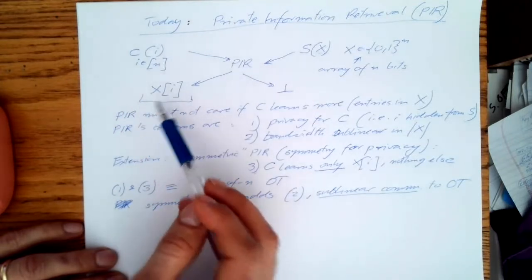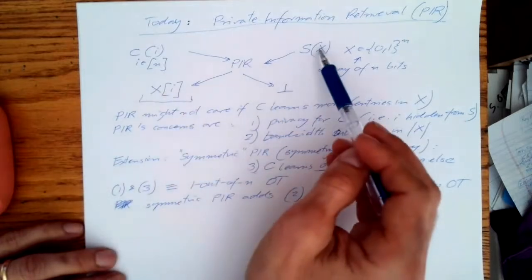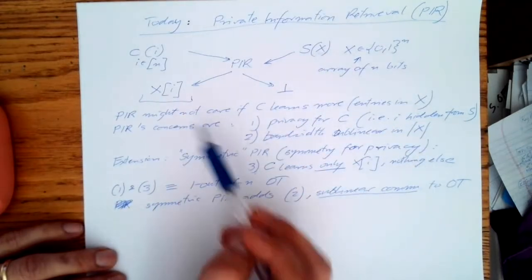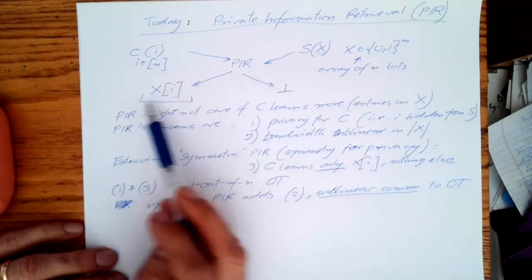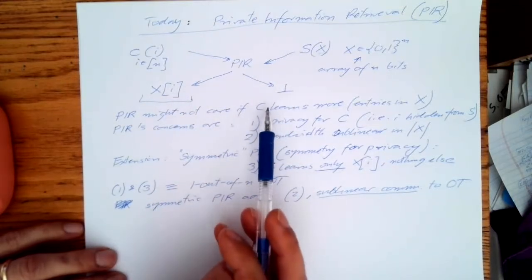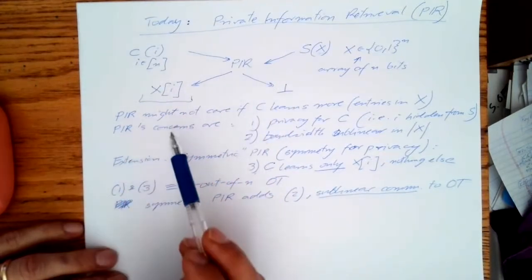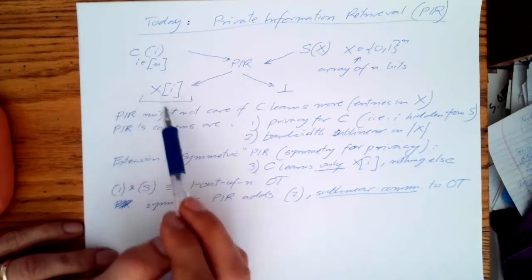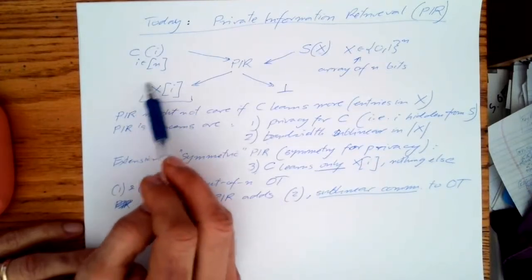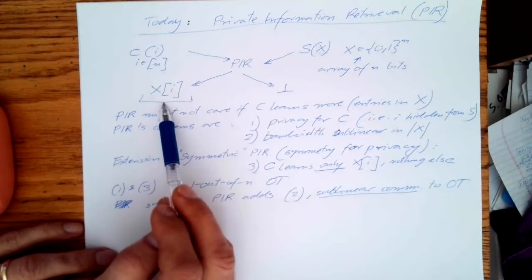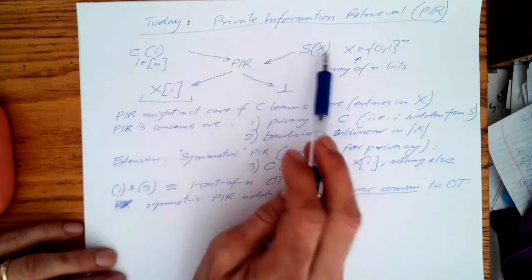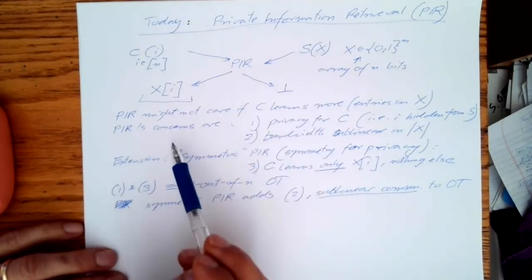But perhaps it's not just a retrieval, but a computation based on X. Could we perform such computations in a privacy-preserving way? So nothing is learned about the nature of this query, and perhaps only the result of the computation on the query is the information that is leaked about this database.